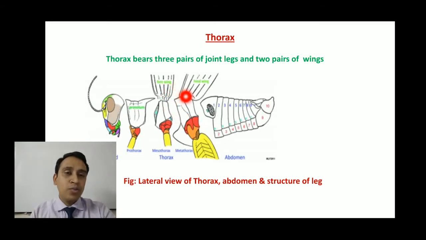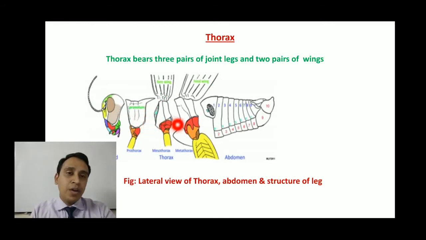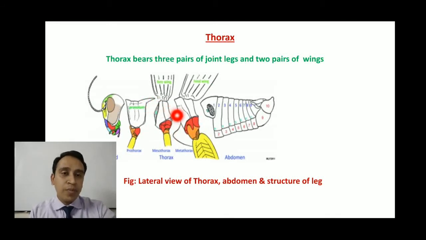Mesothorax and metathorax bear pairs of wings, and the mesothoracic wings are known as elytra. They do not help in flying. Every part of the thorax, that means prothorax, mesothorax and metathorax, bears a pair of legs, and the thorax also bears 2 pairs of spiracles.